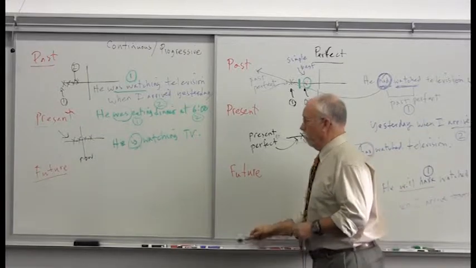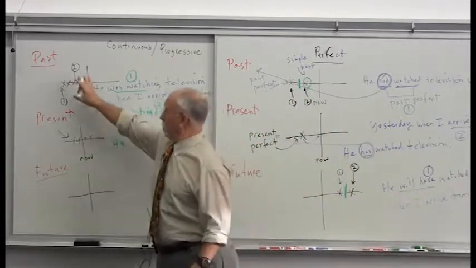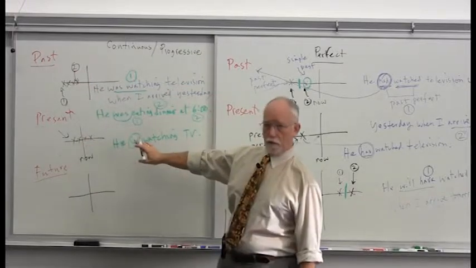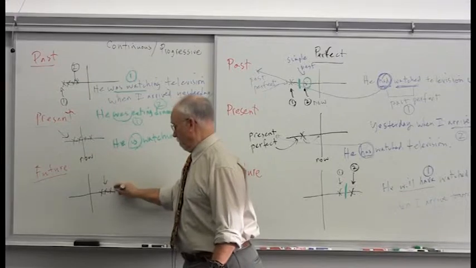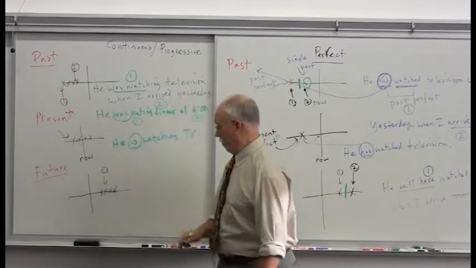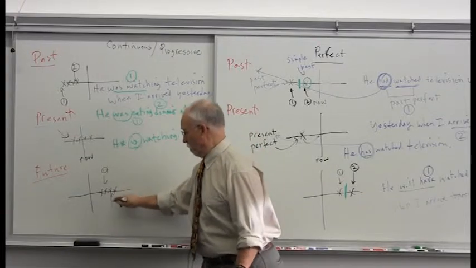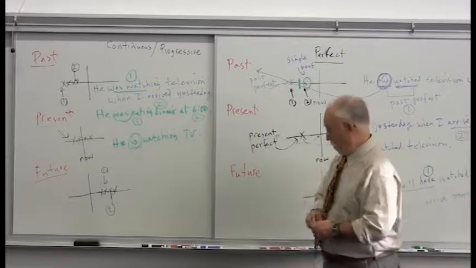And as usual, like in all the other ones, the future is just this on the other side of the line. So here is the first expected or scheduled action, and then before it finishes, we see that the second will occur.